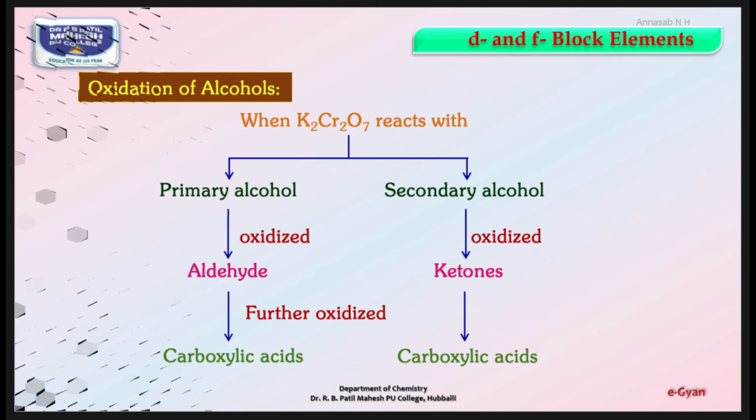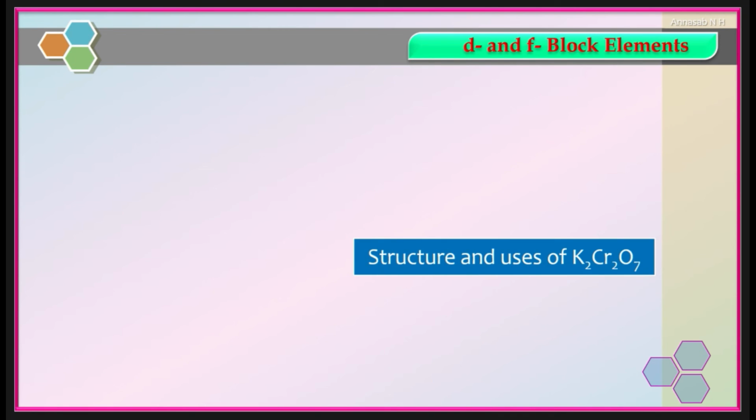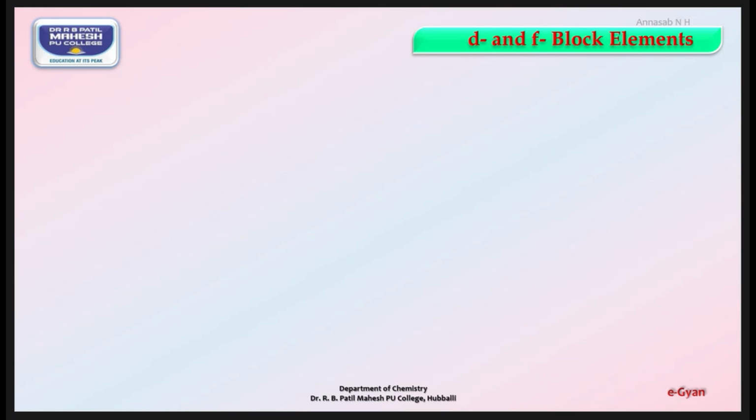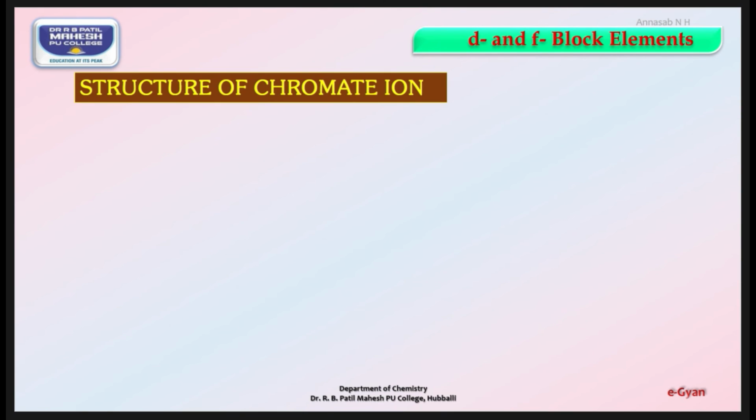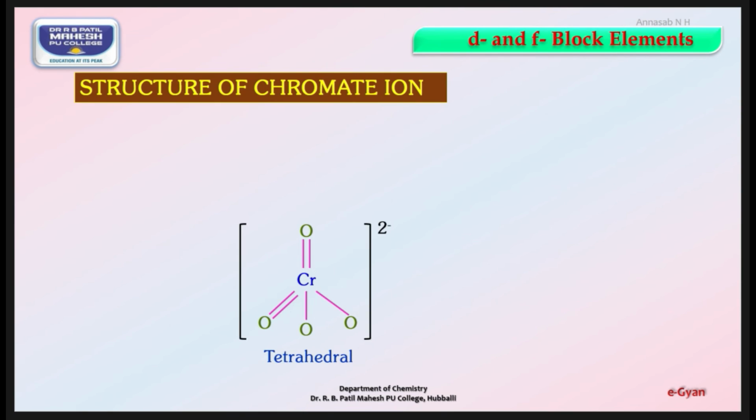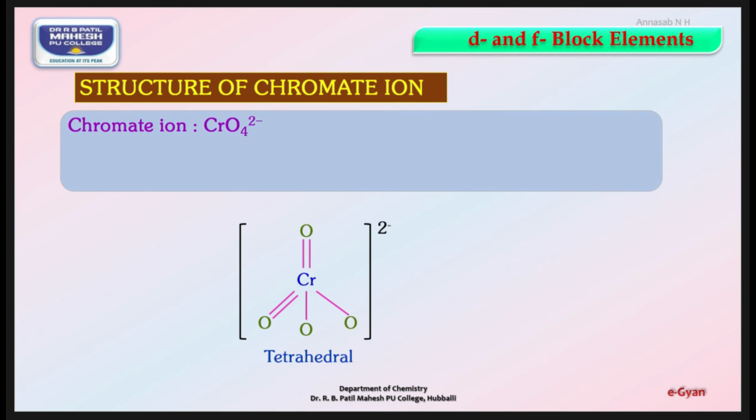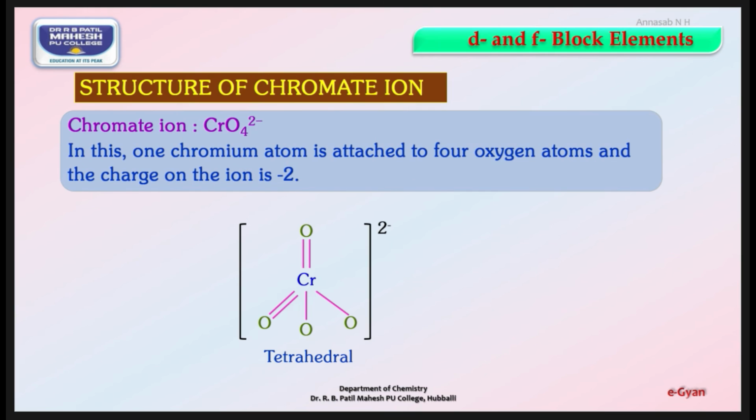Moving to the next part of the video lecture, that is structure and uses of potassium dichromate. Structure of chromate ion, that is CrO4 2-. This is tetrahedral in nature. Remember students, chromate ion is CrO4 2-.